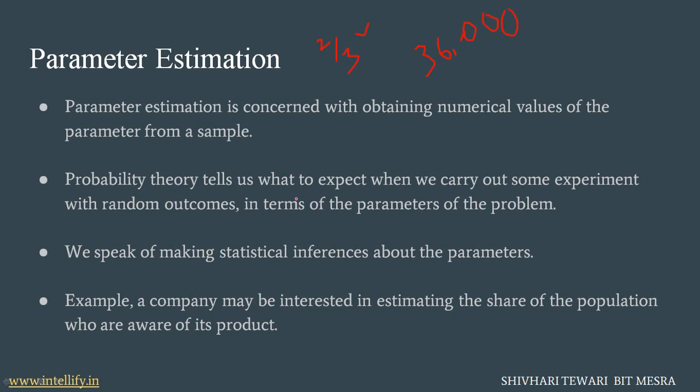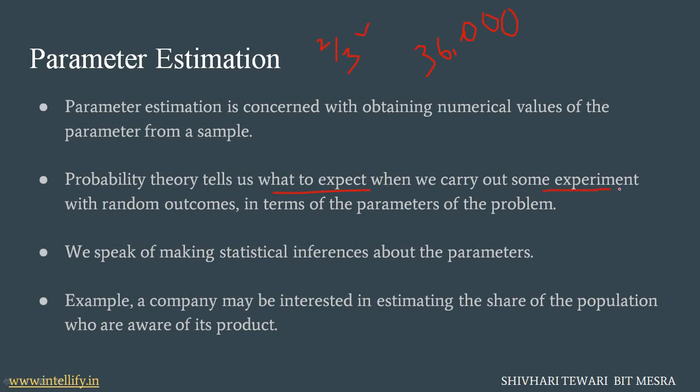So probability theory tells us what to expect when we carry out some experiment with random outcomes, in terms of the parameters of the problem. That means here we are going to apply some probability theory to tell us what to expect. We cannot expect some random result with our experiment. We should go in a mathematical way to check what we should expect when we carry out an experiment with random outcomes.